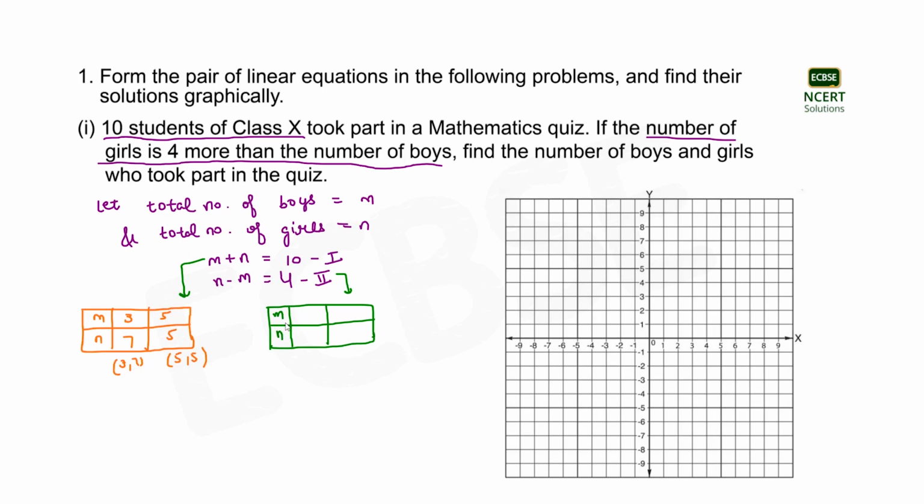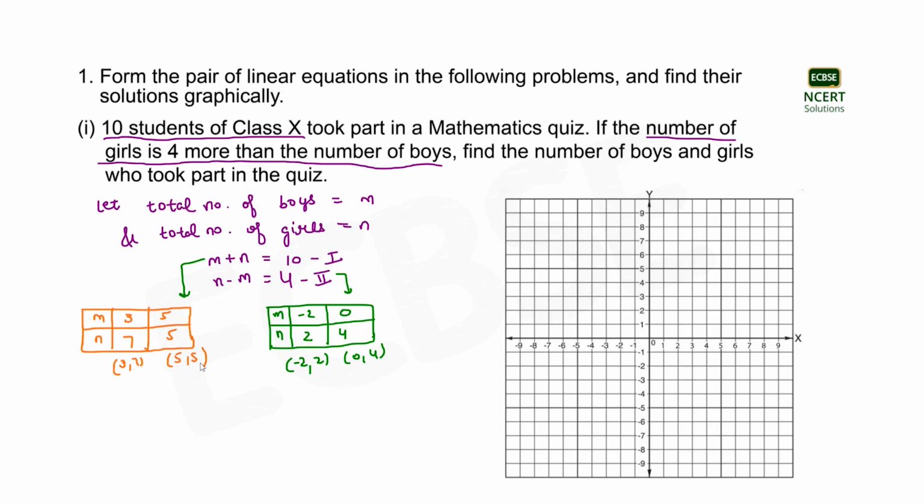So now let us take the value of m to be minus 2, and putting this value in the second equation, the value of n comes out to be 2. Now again take any value of m, say 0, then the value of n comes out to be 4. So this is the table drawn for the second linear equation, and we get 2 points, that is minus 2, 2 and 0, 4.